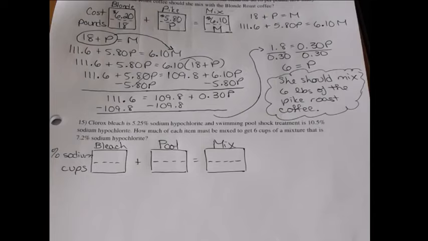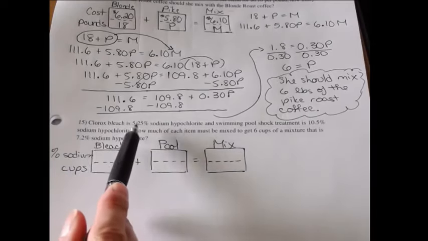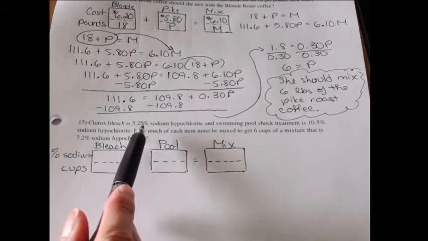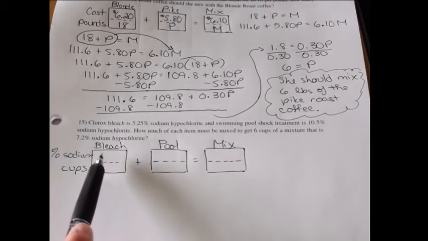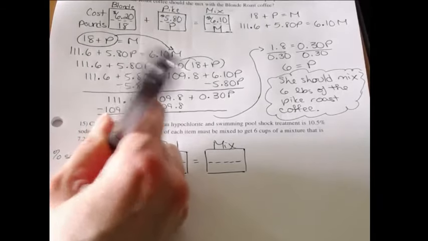Now, all we have to do is fill in the chart with where everything's supposed to go. Clorox bleach, that's 5.25%. So instead of writing 5.25, remember you have to convert this. So this is going to be 0.0525.